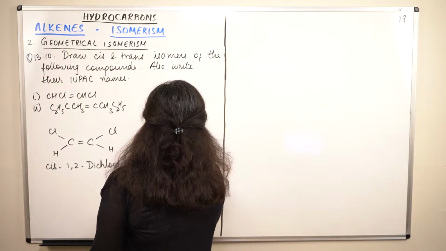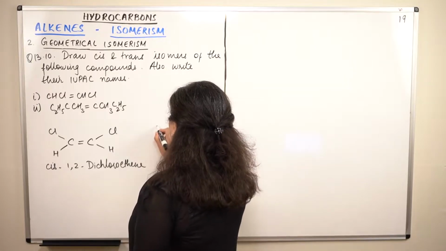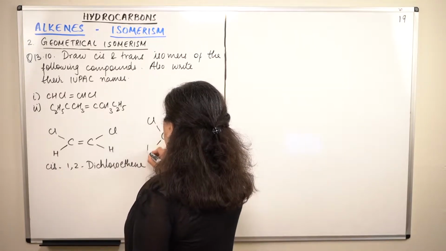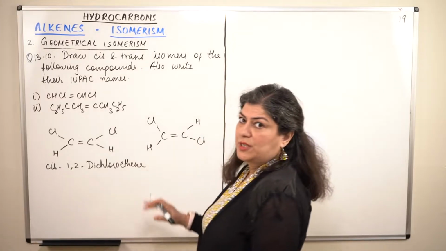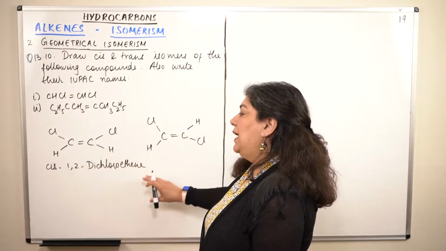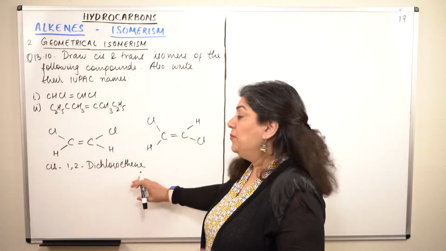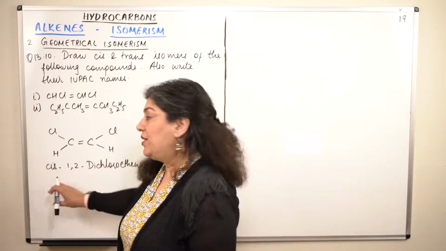The same two carbons have got a double bond, one hydrogen, a chlorine, and on this side you will have chlorine and hydrogen. So the hydrogens are falling on the opposite sides and the chlorines are also falling on the opposite sides. Now the IUPAC name will still be 1,2-dichloroethene, but this is now the trans isomer.